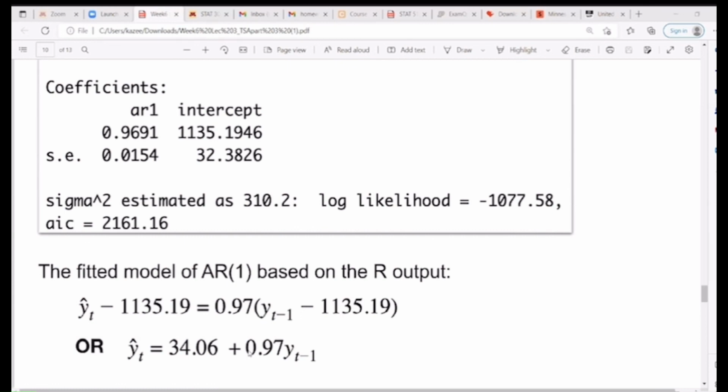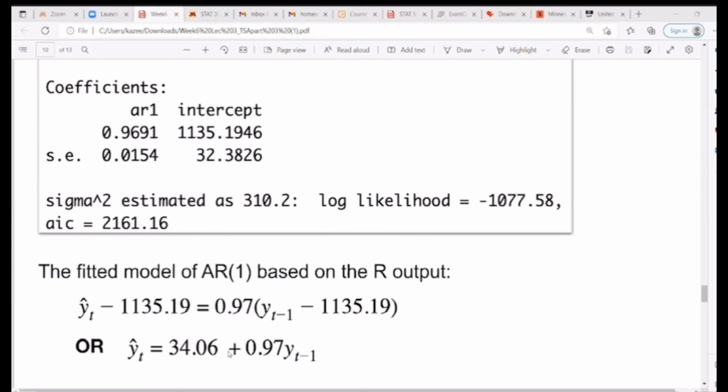If you don't subject the model to diagnostic testing, how are you going to know whether the model is going to do a great job? So we're going to subject this to diagnostic testing, and we're going to test the residuals. We're going to get the autocorrelation function for the residuals.